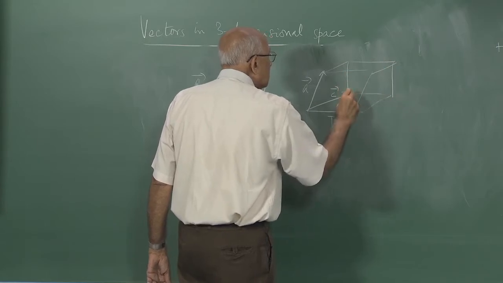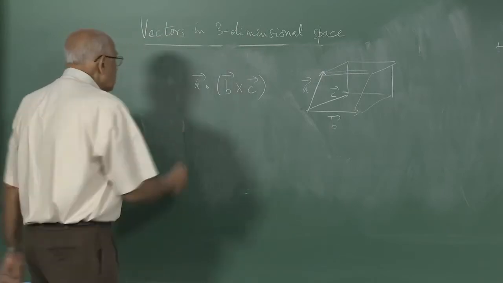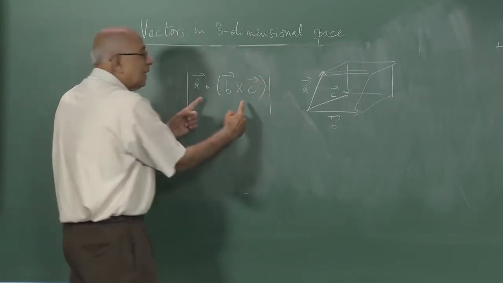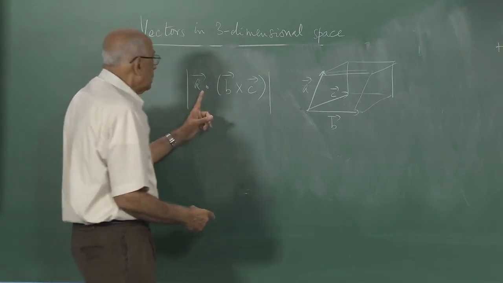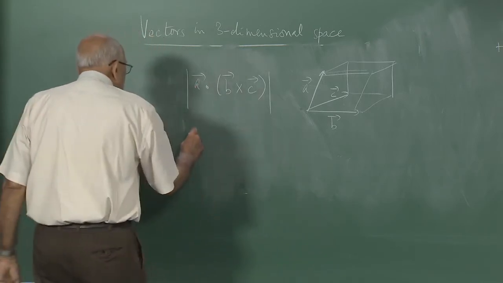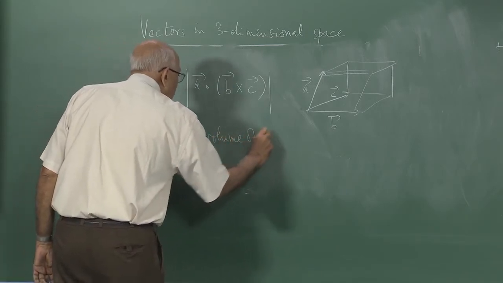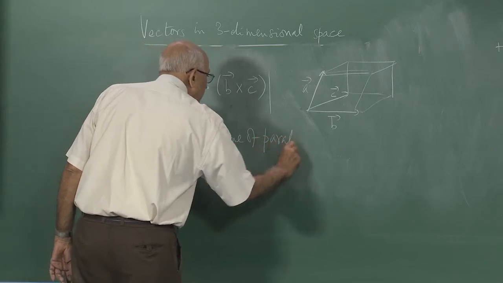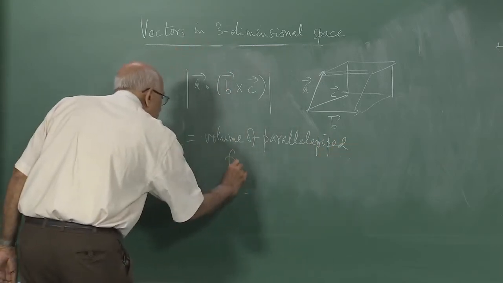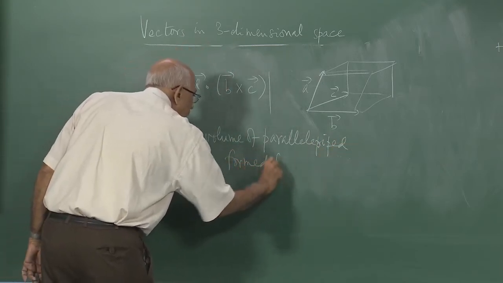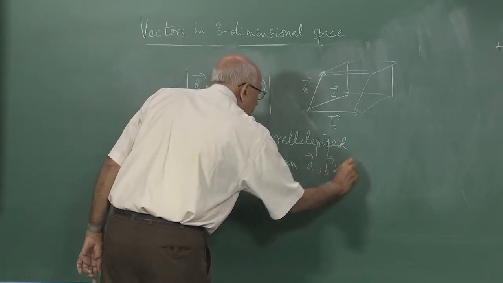Not very good at drawing this, but it is precisely the volume of this parallelepiped from A, B and C. So the magnitude of this quantity, because the sign of this quantity, it is a scalar, could be either plus or minus, but the magnitude of this quantity is equal to the volume of the parallelepiped formed from A, B and C.